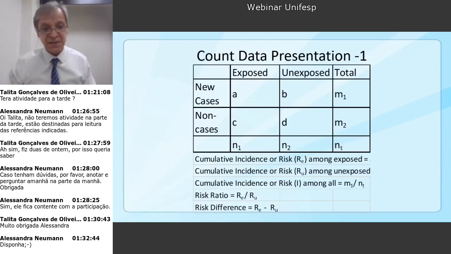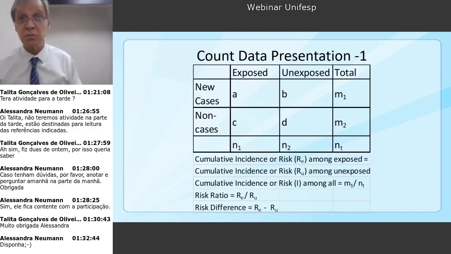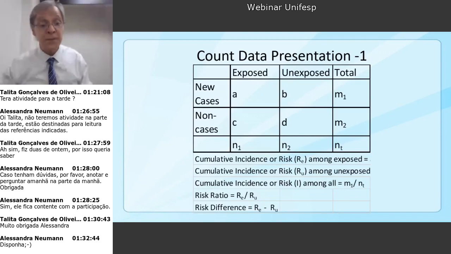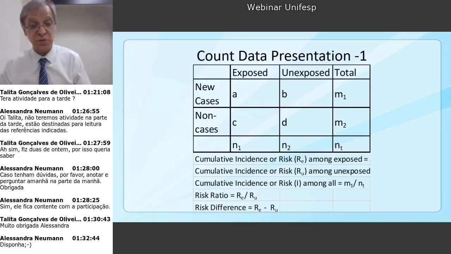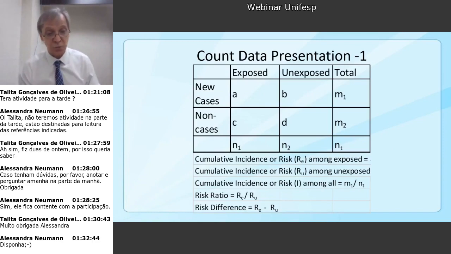So that's the data presentation. It is A, B, C, D, M1, M2, N1, N2. I have N1 people exposed, N2 people unexposed. Over time, I measure M1 cases, new cases, of which some are exposed, that's the A, and B are unexposed, and vice versa for the non-case group.